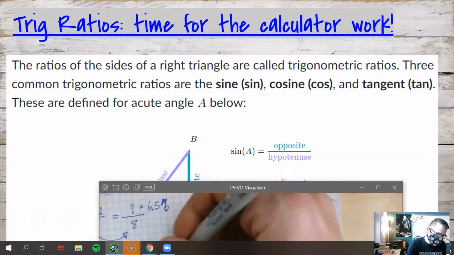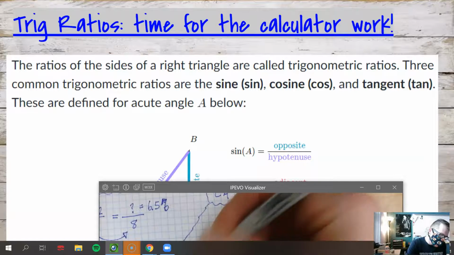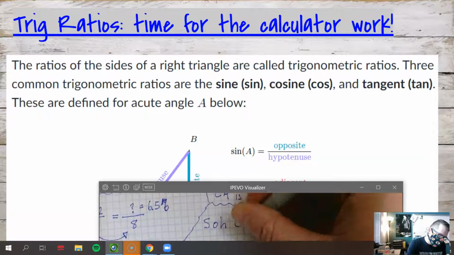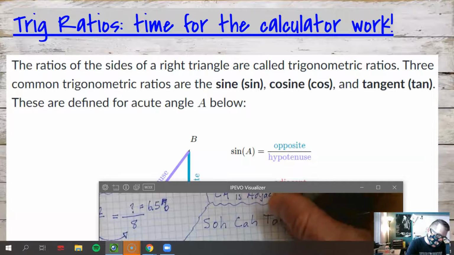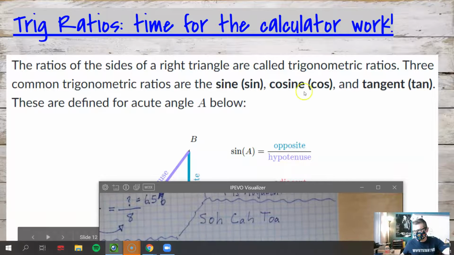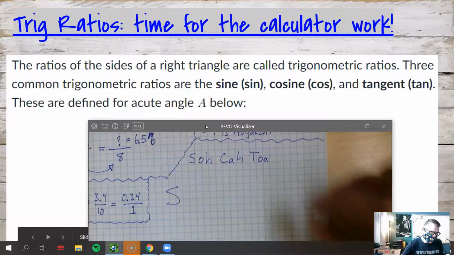I'm just going to jot it here because I have space, big S. This is what a lot of people write, SOHCAHTOA, or they write it in all caps, which I also think is wrong.